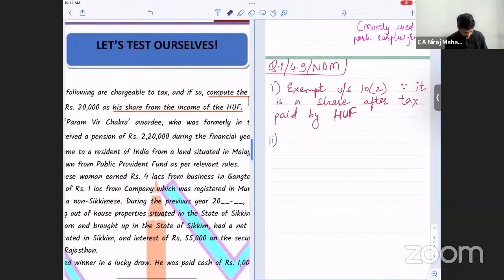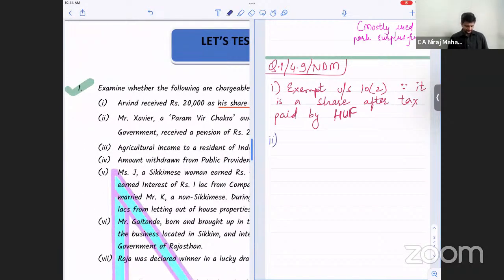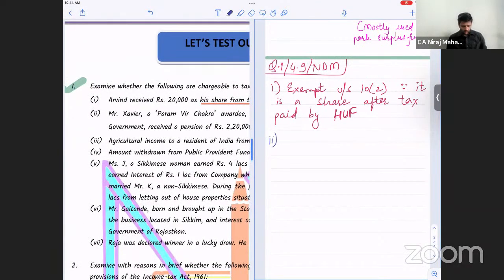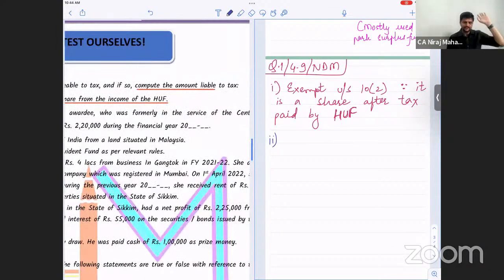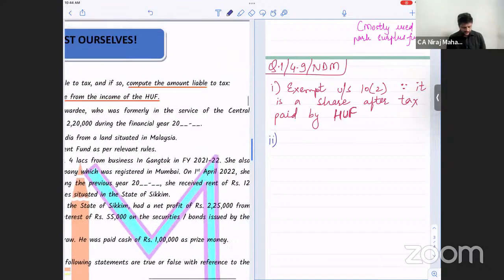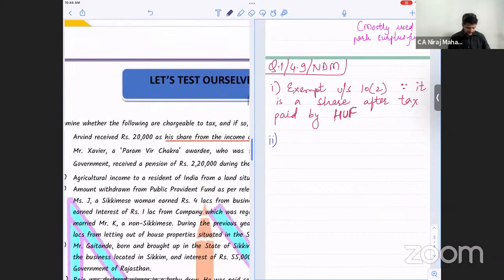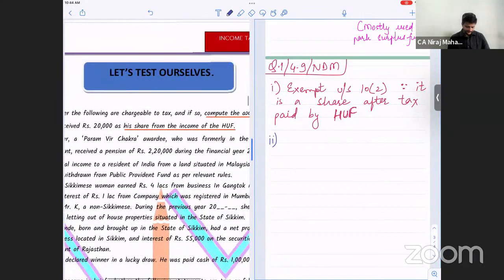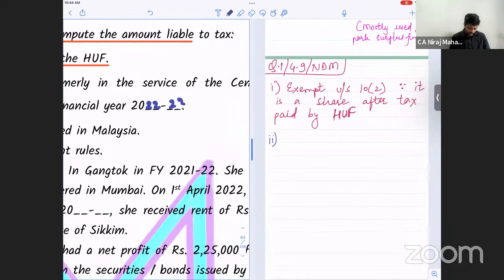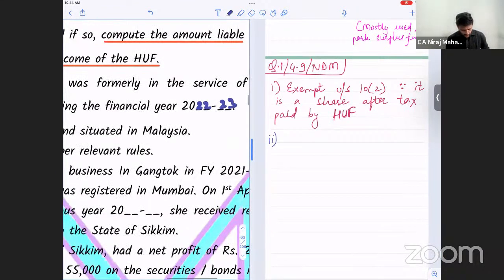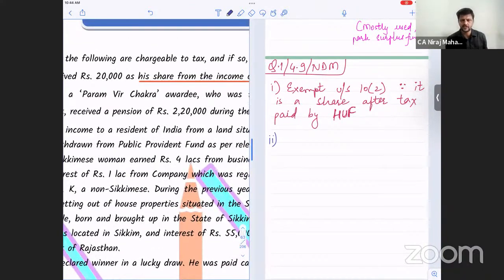Ready? Steady. Go. Mr. Xavier, a Param Vir Chakra awardee. He has received Param Vir Chakra. Who was formerly, means before, in the service of central government, received a pension of 2,20,000 during the current year, 22-23, financial year 22-23. What is the nature of income, bacho? The award or pension? His nature of income is pension, but he is a Param Vir Chakra awardee. Therefore, the pension received by such individual is exempt. Clear?